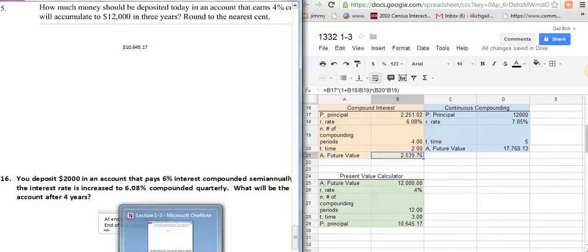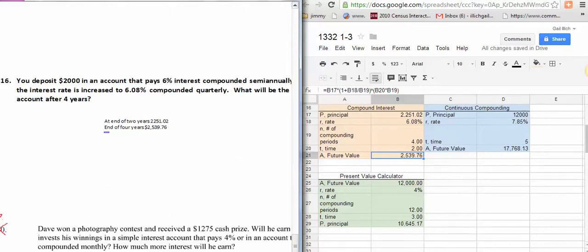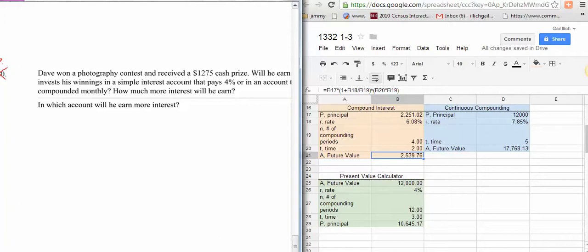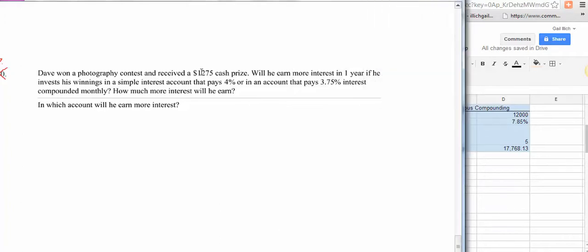Okay, let's go on to, I think this is the last question. All right, Dave won a photography contest and received $1,275 in cash prize. Will he earn more interest in 1 year if he invests his winning in a simple interest account that pays 4% or an account that pays 3.75% interest compounded monthly?